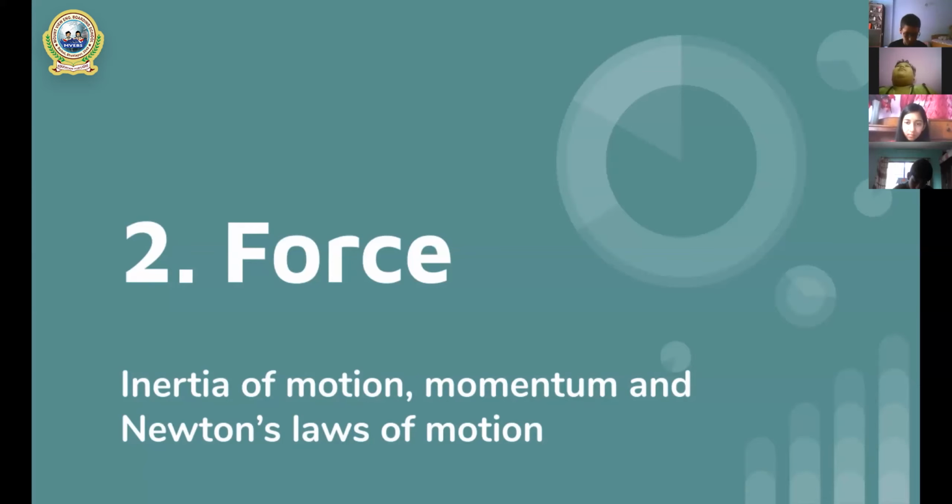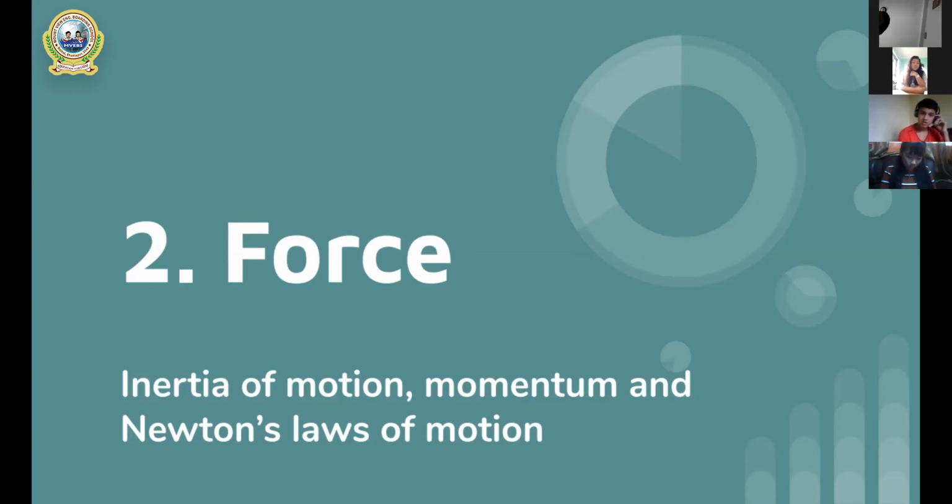If the body is at rest, it can remain at rest forever unless a force is applied. If the body is in motion, it continues in a straight line unless a force is applied. The property by which a body stays in its state is inertia.